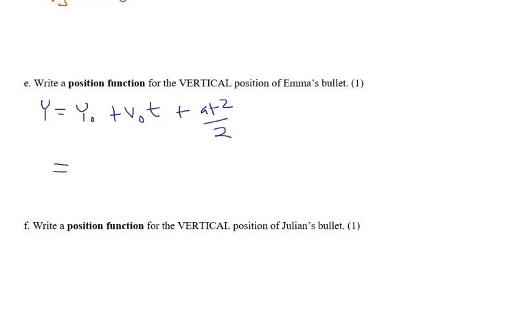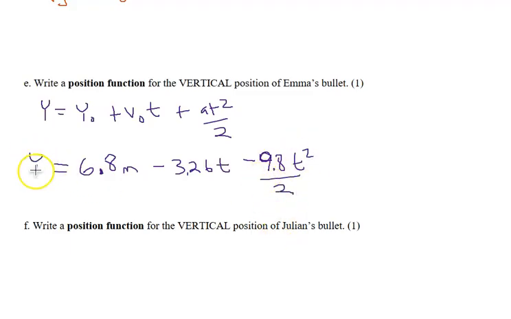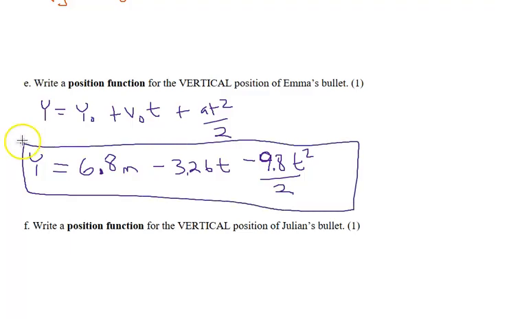So she starts out at 6.8 meters, headed down at 3.26 meters per second t, and then gravity is pulling it down even faster and faster and faster. Okay, so she's got a complicated vertical. She has every single term.